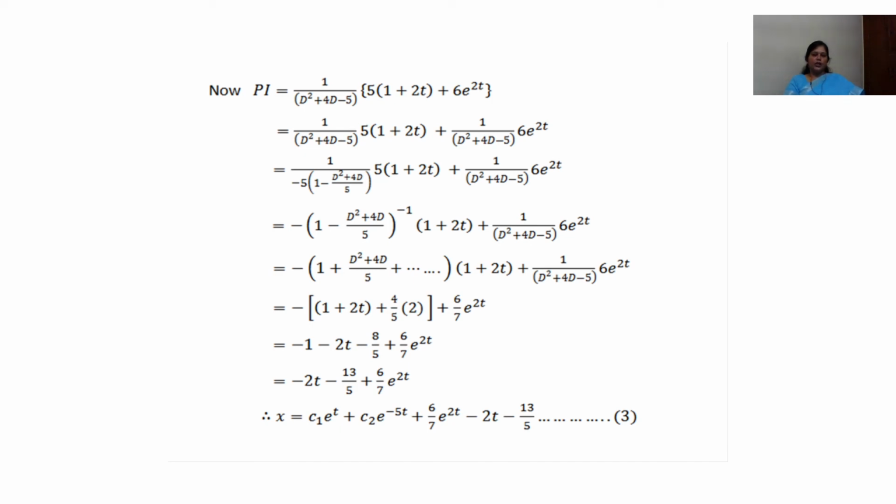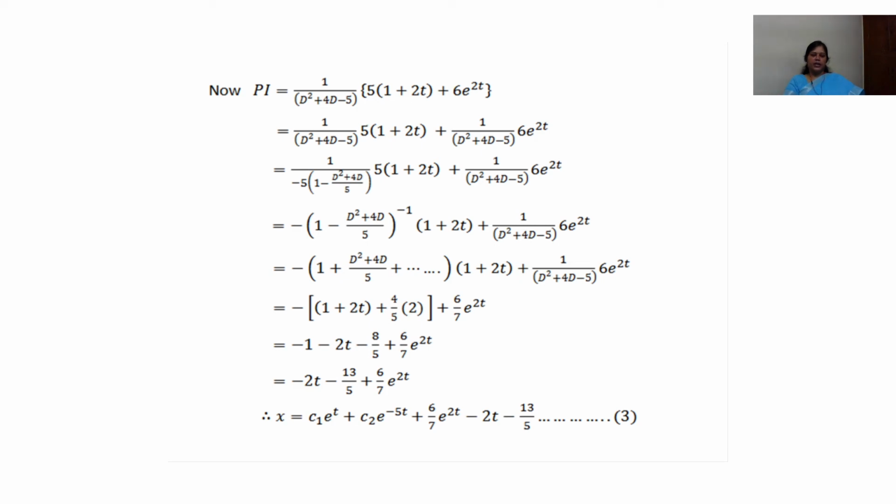So minus of [1 − (D² + 4D)/5]^(−1) into (1 + 2t). Now we got the binomial expansion form of (1 − x)^(−1). The binomial expansion for that is 1 + x + x² + x³ + x⁴ + etc. Here our x value is (D² + 4D)/5.